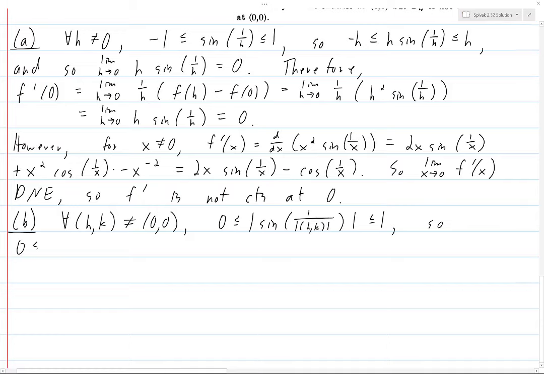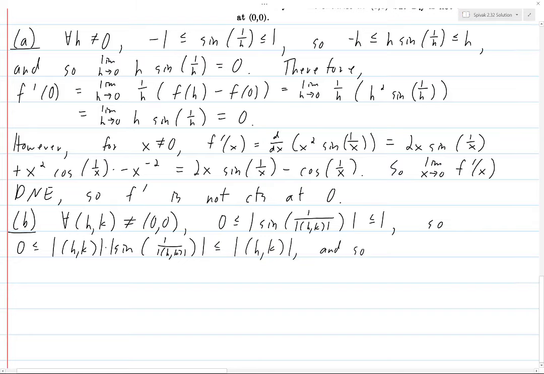So 0 is less than or equal to the norm of (h,k) times sine of 1 over the norm of (h,k), which is less than or equal to the norm of (h,k).